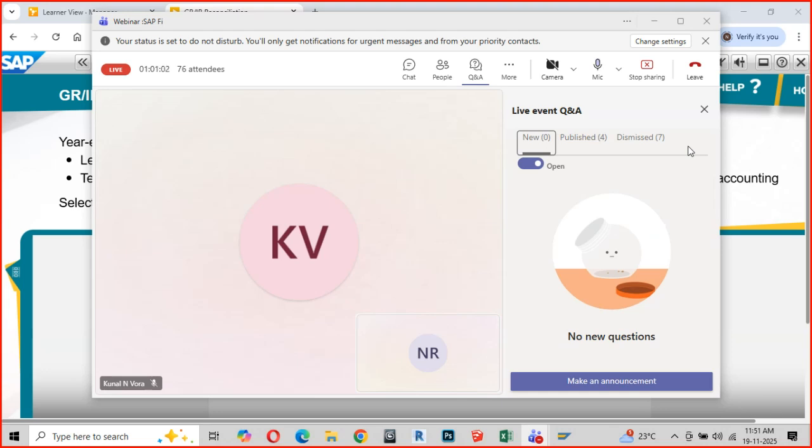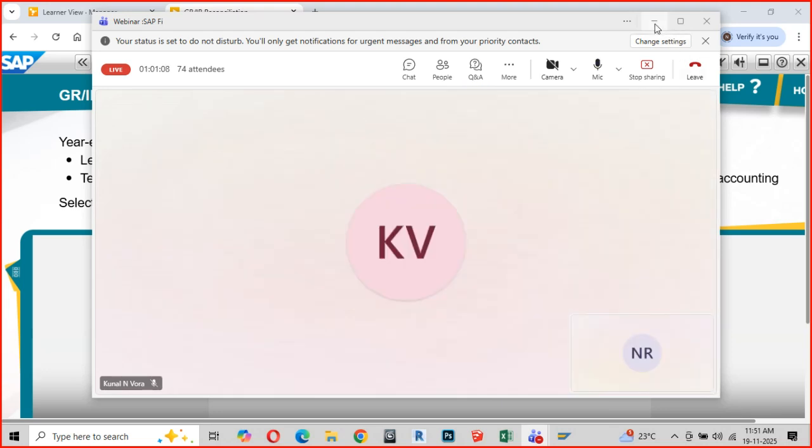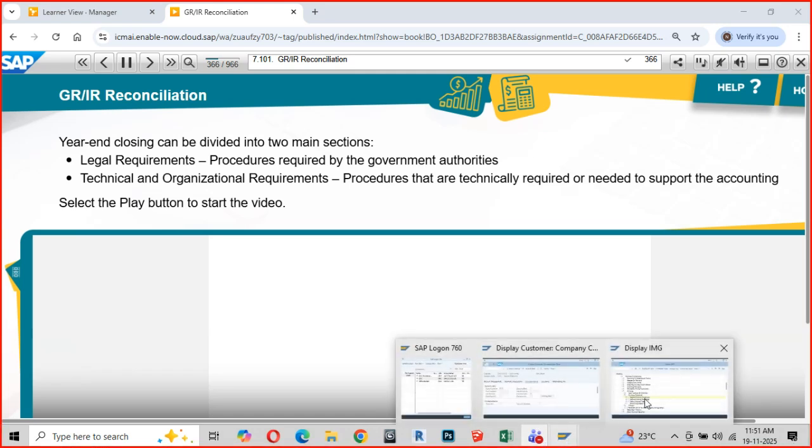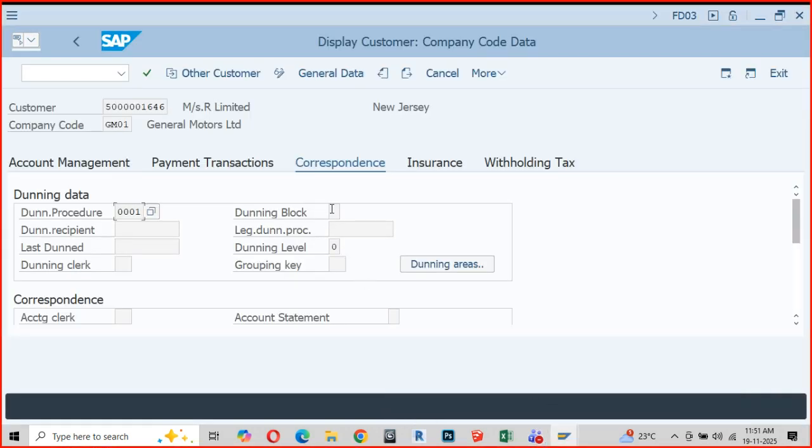And we also know you can block the procedure from happening. Did I show you where you can block? So you can block, dunning block. This is at the master level. We saw how we can change at the line item level for a payment, when we changed the payment terms from 002 to due immediately yesterday.